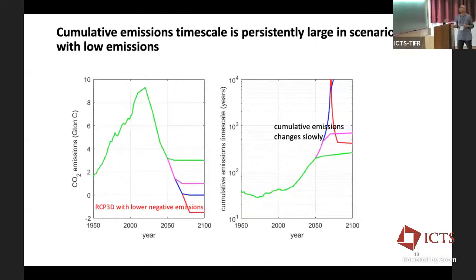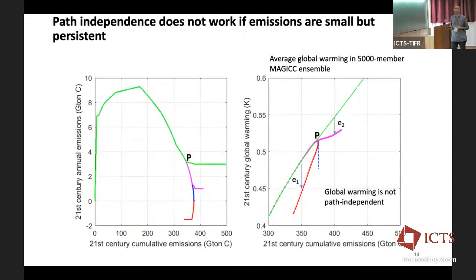And this has the kinds of implications we'll discuss. For instance, if you consider scenarios where the emissions are not zero, but they're small, you're moving cumulative emissions, but the timescale is still long. And so the effects of other factors cannot be neglected. Right? So cumulative emissions is changing. It's not unchanging, but it's changing rather slowly. And this is where path independence can fail in this regime. And so a number of studies have examined this and examined, for instance, hysteresis in the presence of net negative emissions of CO2.